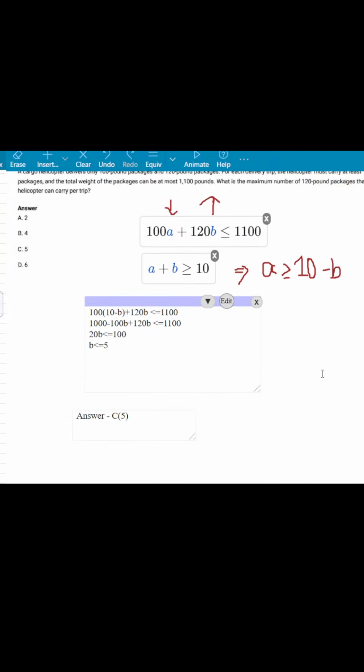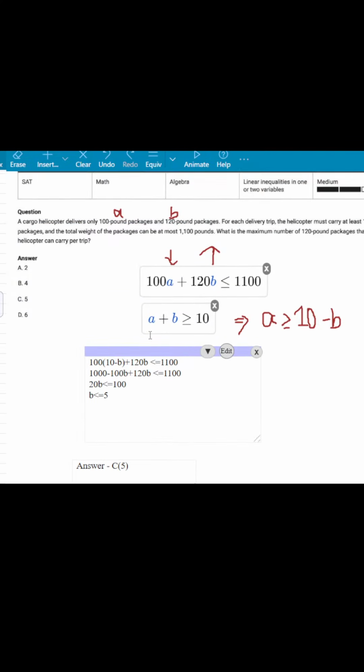Yeah, so now you can see the solution for a bit, and then we can move on to the next question.